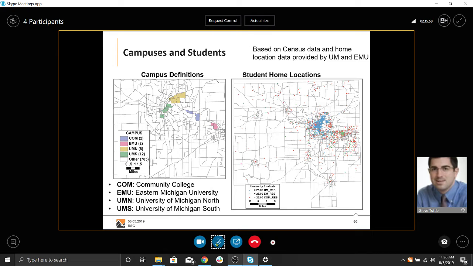But anyway, we'd use that in conjunction with census data to weight up that sample, to get the number of students in the internal zones. So you use census data to expand the Michigan and Eastern Michigan University samples we had, and also use the residual census data to coarsely infer where the students attending community colleges might live.